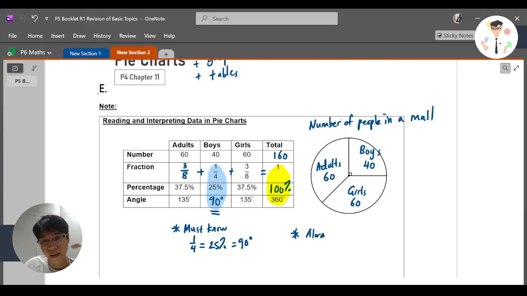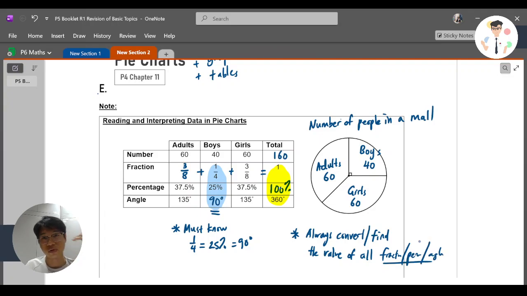always convert. I should say convert or find or look for the value of either all the fractions or all the percentages or all the angles.